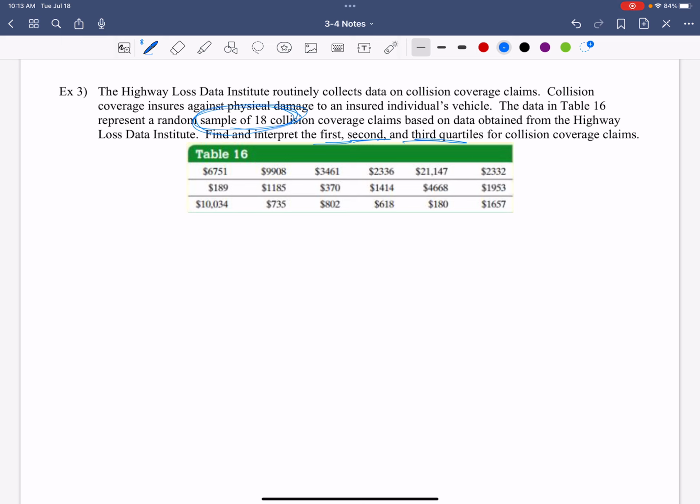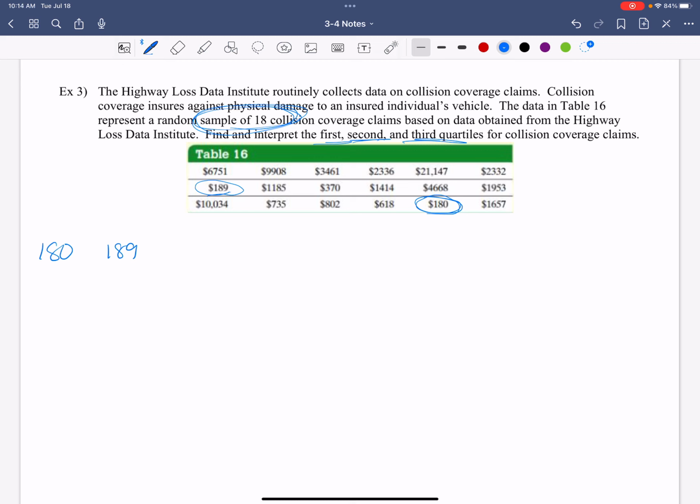So that's just going to take some time, right? Where's my smallest amount? Here's 189. Is that the lowest that I go? Oh, 180. Woo, we almost missed that one, right? So we've got 180, 189. Now there's going to be enough here.